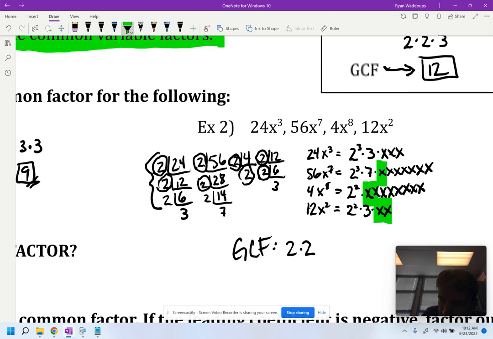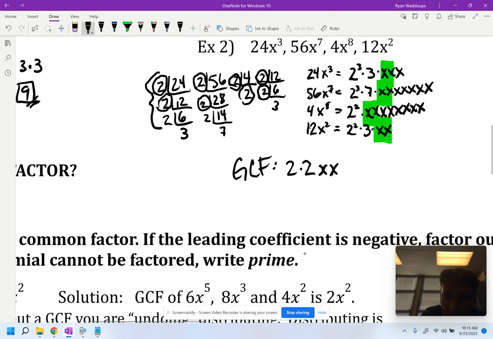They all have at least 2 x's, but they don't have more than that. Because of the 12x squared, it doesn't have more than just the 2 x's to contribute to this common factor. So this is x times x. And then we just multiply that together. So the GCF is 4x squared.